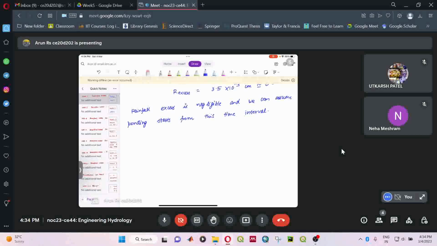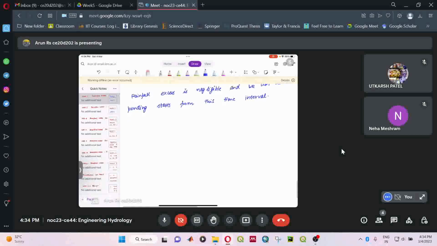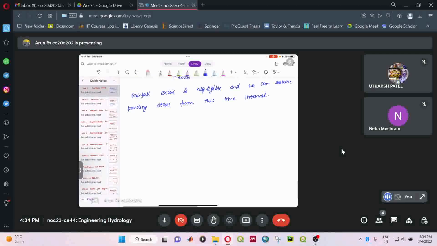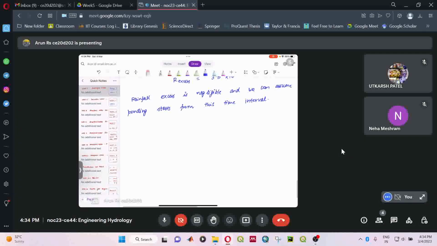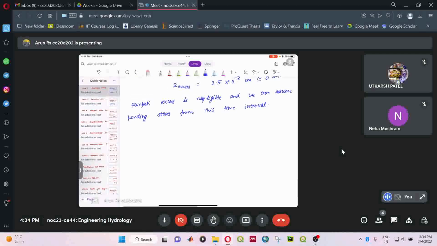So now we got that between 0.75 to 1 hour we know that ponding is occurring.